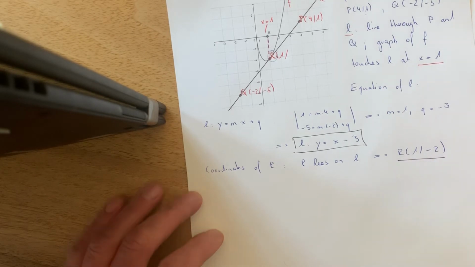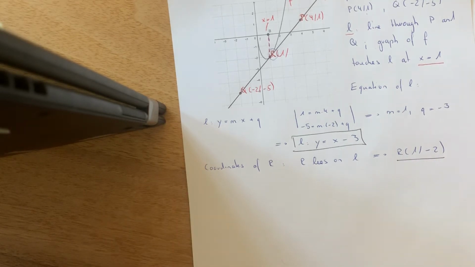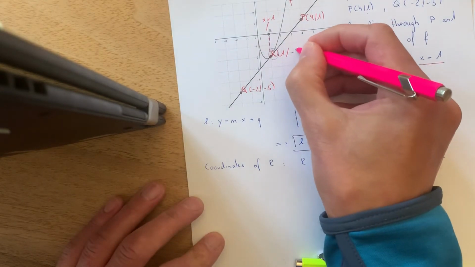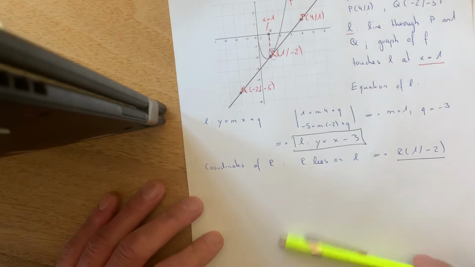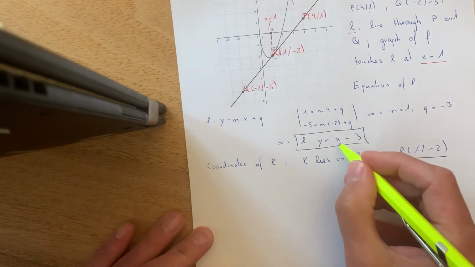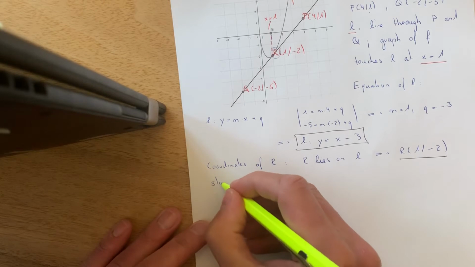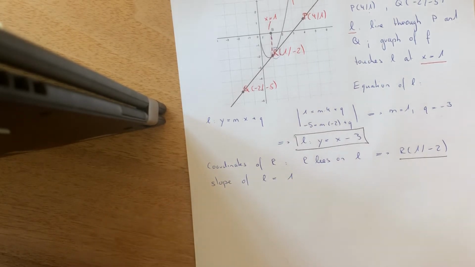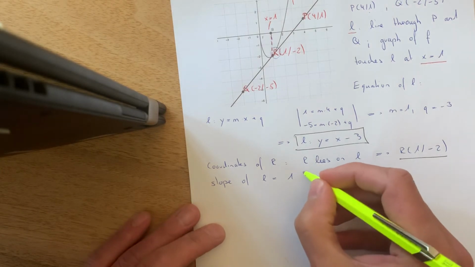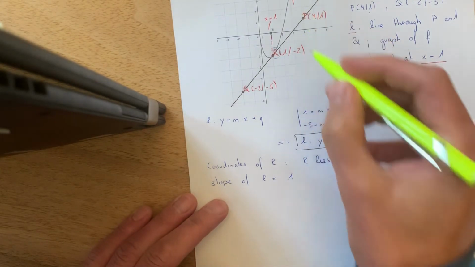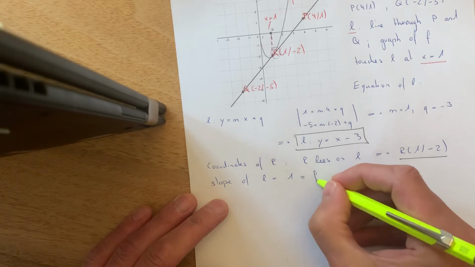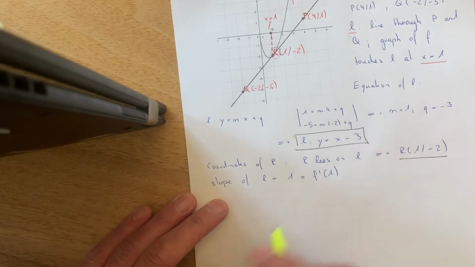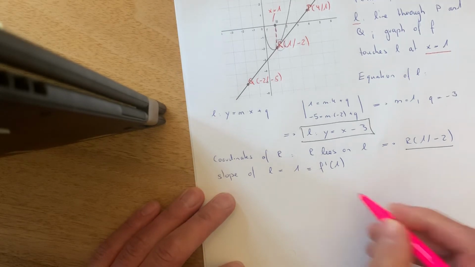What else can we do? Well, this is the point where differential calculus enters the picture. So let me quickly add this one here. This is -2. So now what else can we do? Well, we know that the slope of L is 1. Okay, and the slope of L, since L touches f, is the same as the derivative of f at point 1. Okay, so this is the thing here.